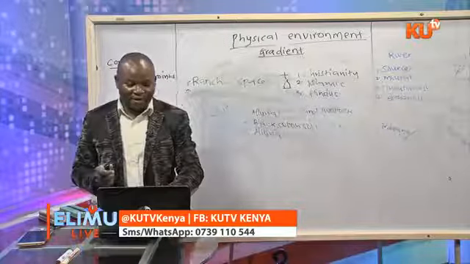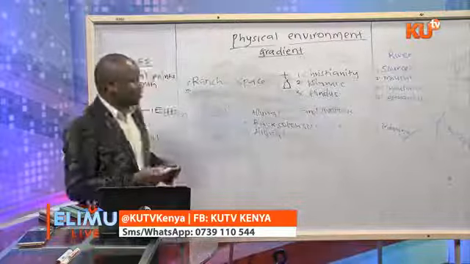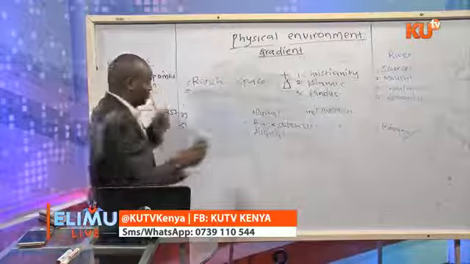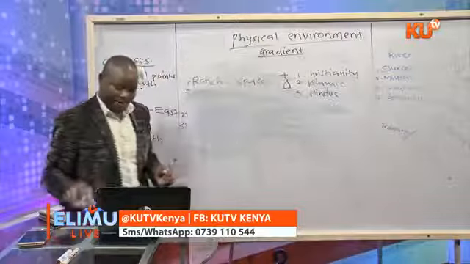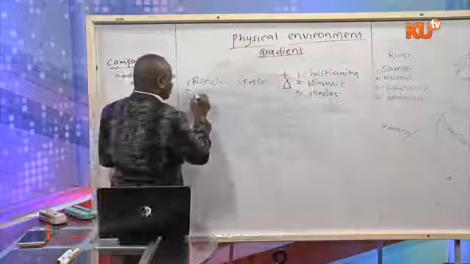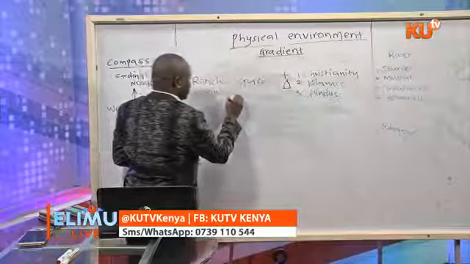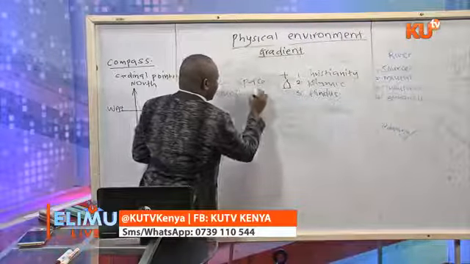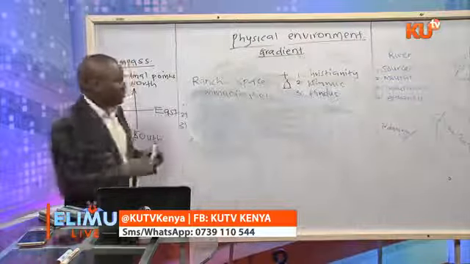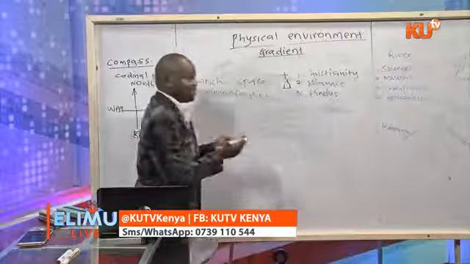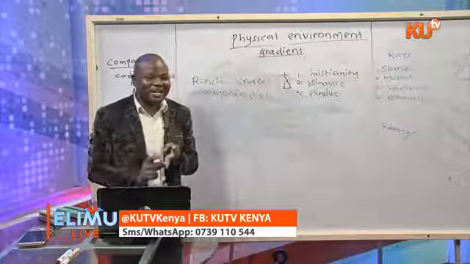So we also have things to do with communication. In an area, I'm just sketching, so let me not number them. In communication, you are supposed to see whether you have a communication mast or a communication line in the area.